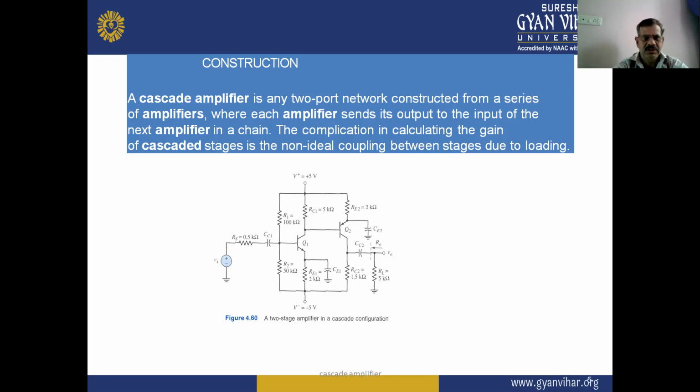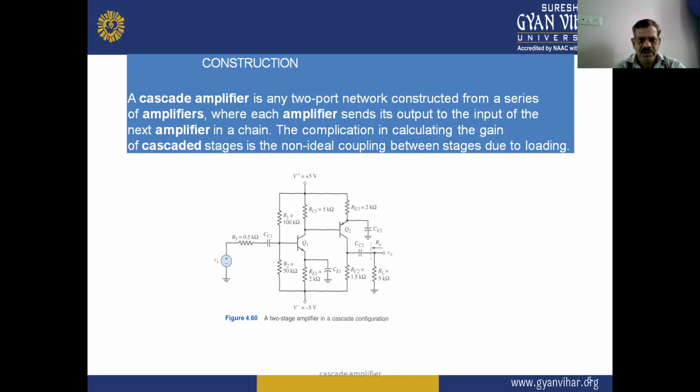So in this given figure, that is the two-stage amplifier in cascade configuration. So in this two-stage amplifier, there are two transistors. One is transistor Q1 and second is transistor Q2, and these two transistors are connected by the direct coupling technique.